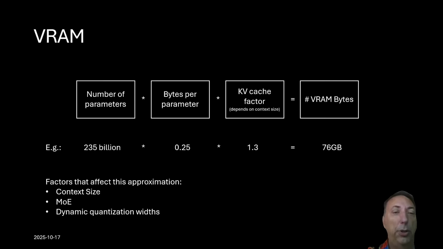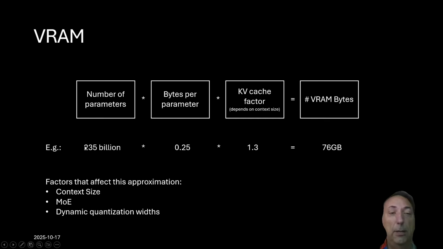So this is a good rule of thumb on how to calculate how much VRAM you need. This is actually for my current favorite model, which is Qwen 3 235 billion. What we saw before was just 32 billion, and that was so that it could fit onto the 4090, with the limited VRAM there, 24 gigabytes. But with the 96 gigabytes on the Strix Halo, I am able to run this because it only comes out to 76 gigabytes total.